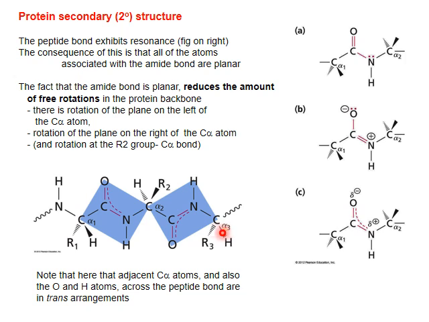All these atoms are in the same plane because everything is sp2 hybridized, except the alpha carbon is sp3 hybridized, but the carbon itself is in the same plane as the sp2 carbonyl carbon and sp2 amide nitrogen.